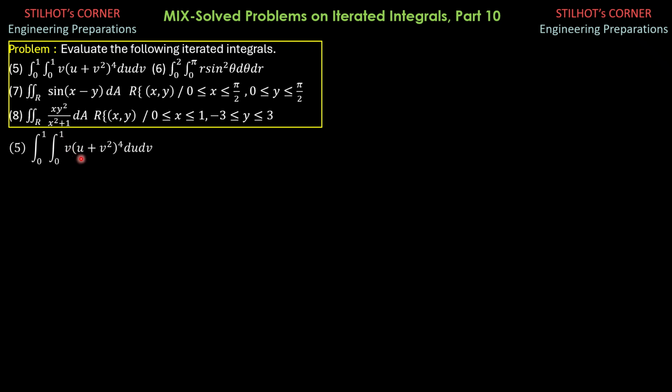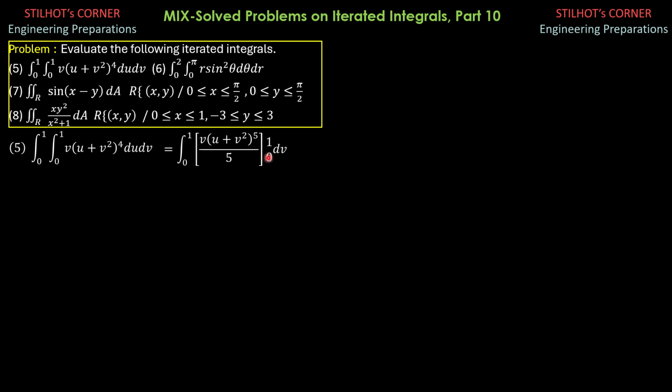V is constant, so that would be v times the quantity u plus v square raised to 5 over 5, from 0 to 1, then times dv. So the integral from 0 to 1 of v times the quantity u plus v square raised to 5 over 5, from 0 to 1, dv.